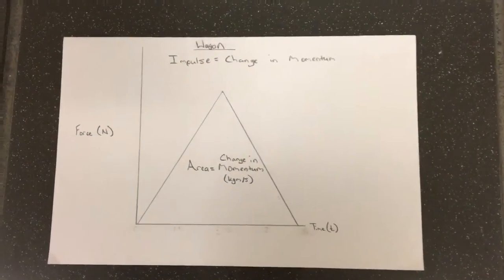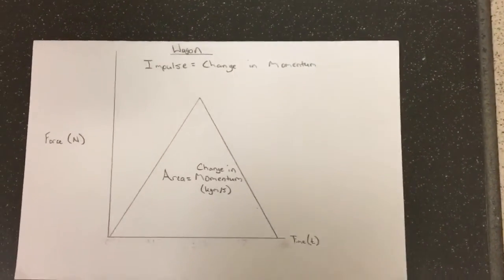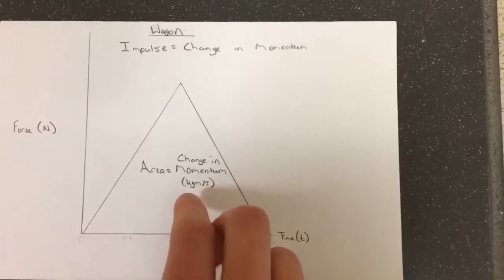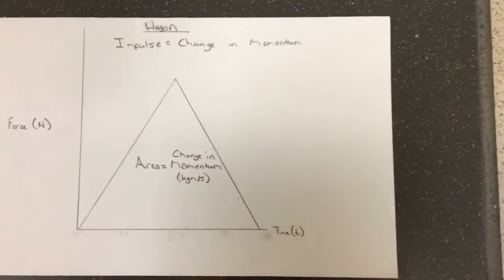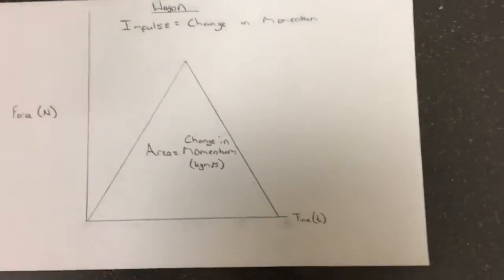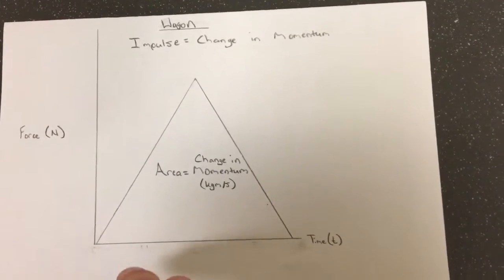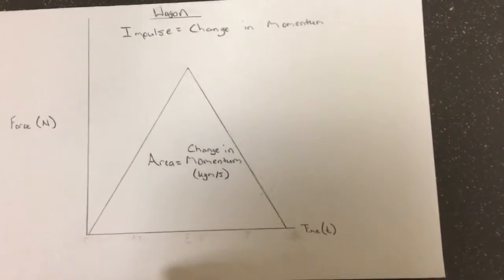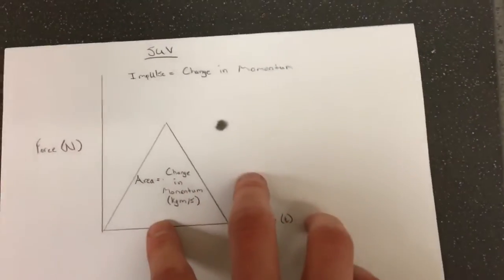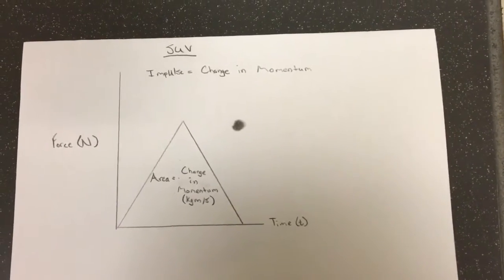Force time graphs show the impulse or the change in momentum. The area under the graph is the impulse, the change of momentum. Both the force time graphs of the wagon and the SUV are the same because momentum is conserved.